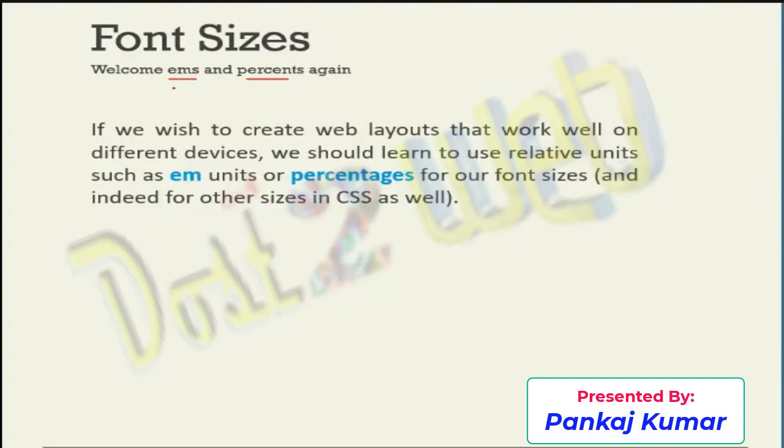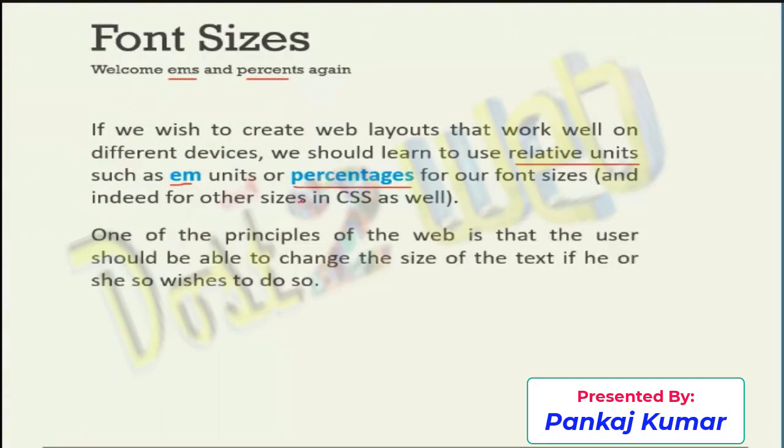If you wish to create any web layout that should work on every device, then you should start using relative units, as we have seen previously, relative unit and absolute unit. So we are going to use relative units, like EM, or you are going to use percentage for font size. We can define that in CSS.